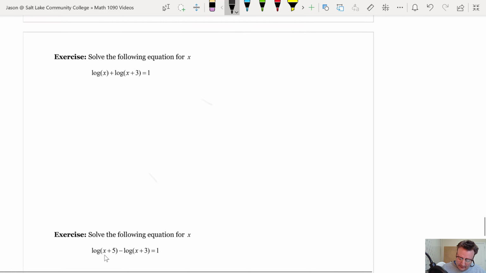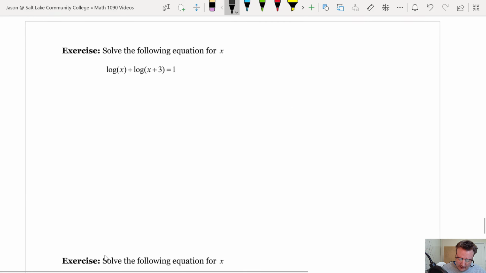So let's rewrite the left-hand side as, instead of the sum of two logarithms, a single log of a product. In fact, we'll write it as the log of x times x plus 3. This equals 1.